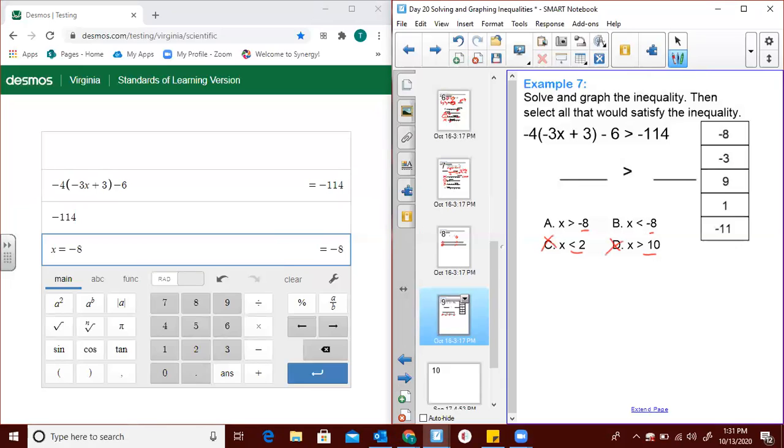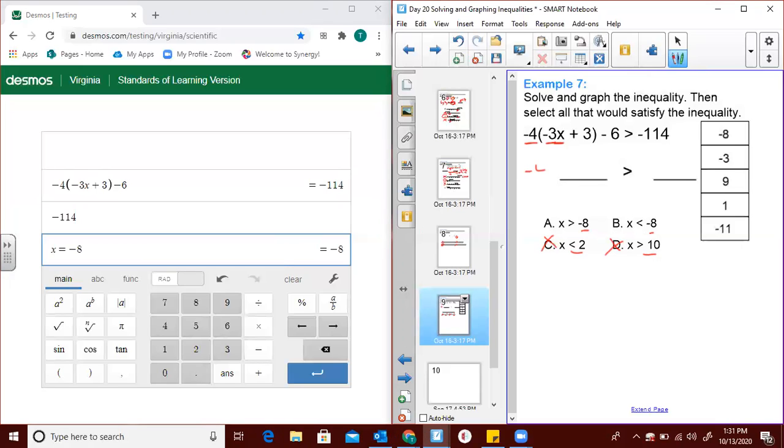Now all I need to do is figure out if my inequality symbol is going to stay the same or change. Well, so here's our variable. We only have 1, which is nice, but it's negative. But it's also being multiplied by another negative.